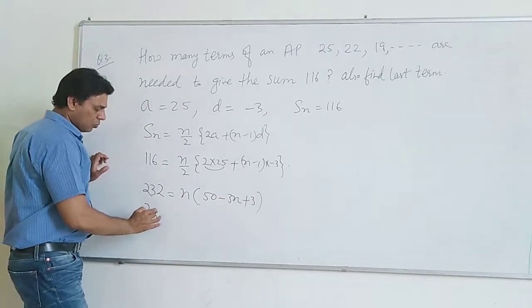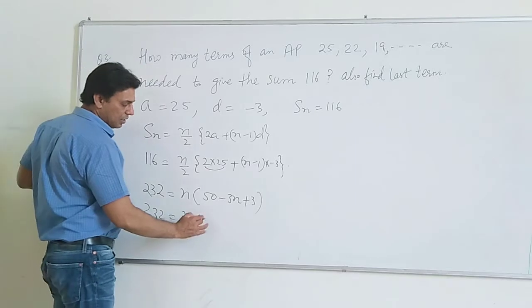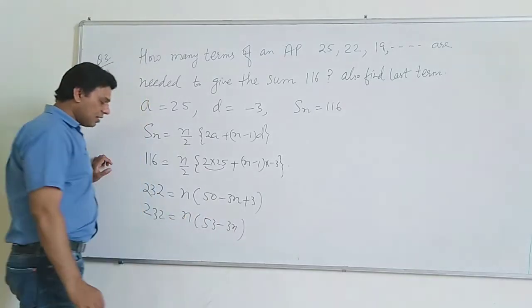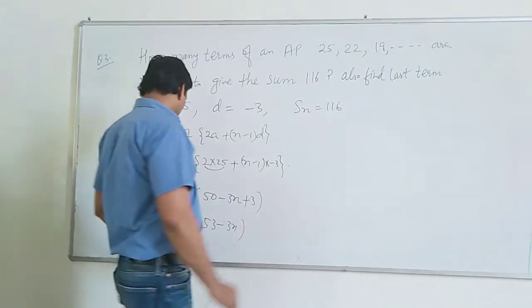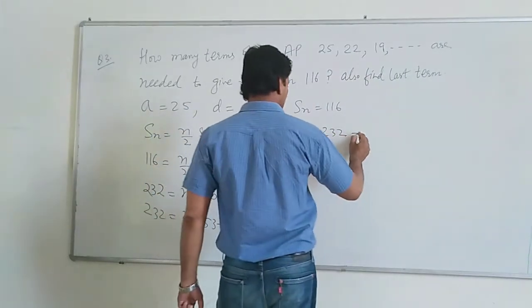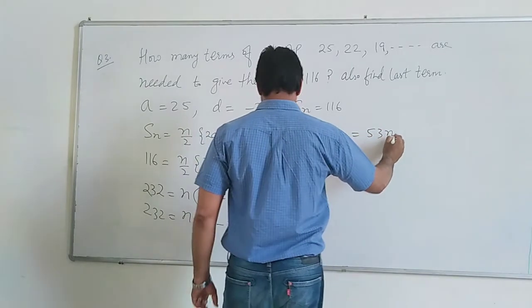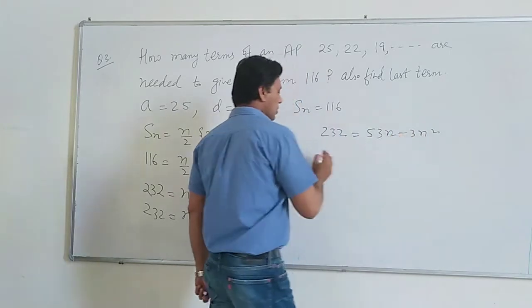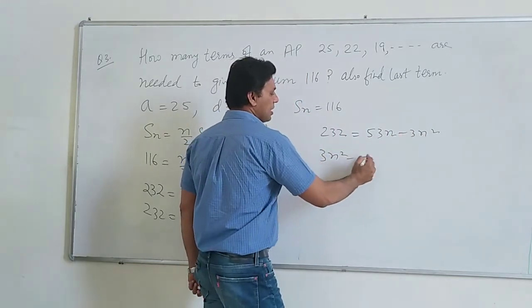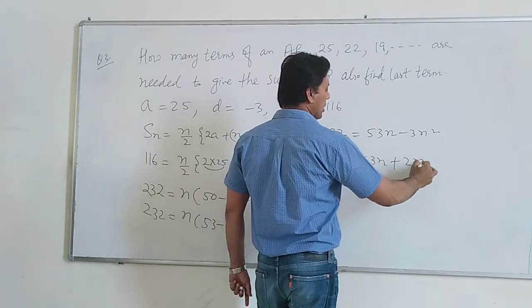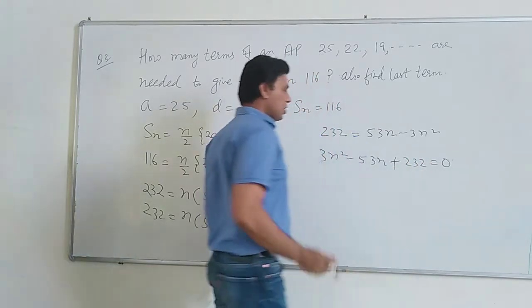So 232 is equal to n(53 minus 3n). So 232 is equal to 53n minus 3n square. 3n square minus 53n, and we can bring it to the left, plus 232 equal to 0.